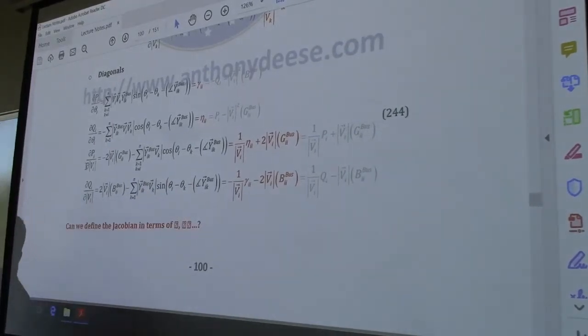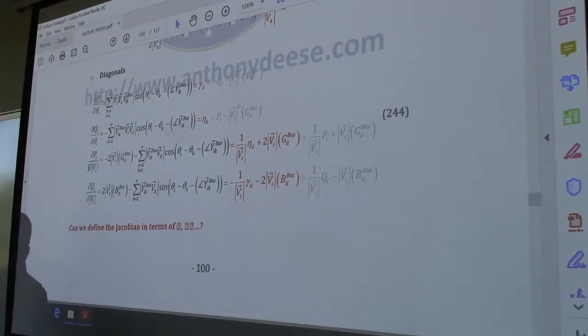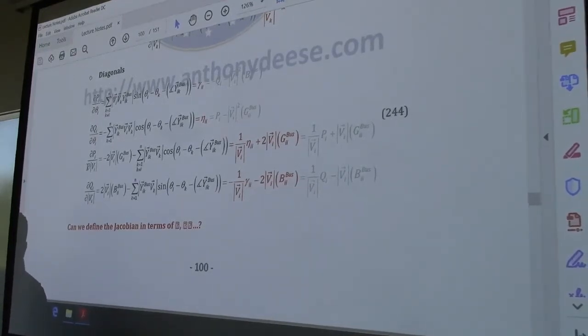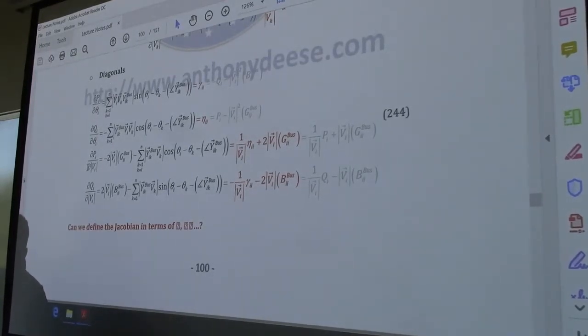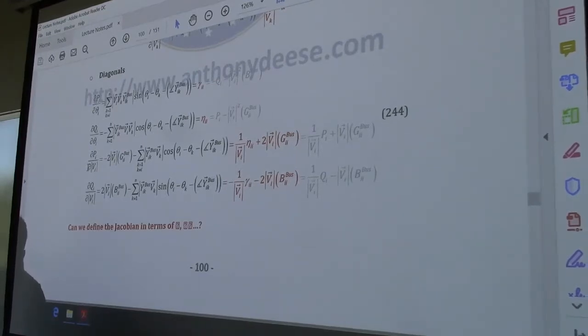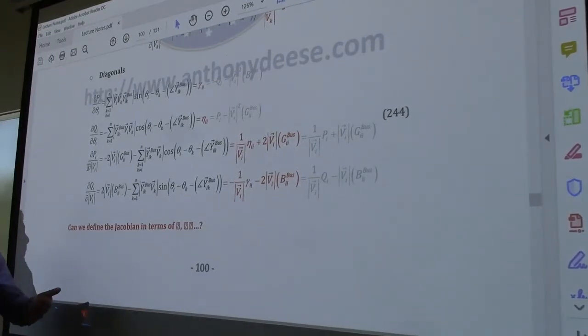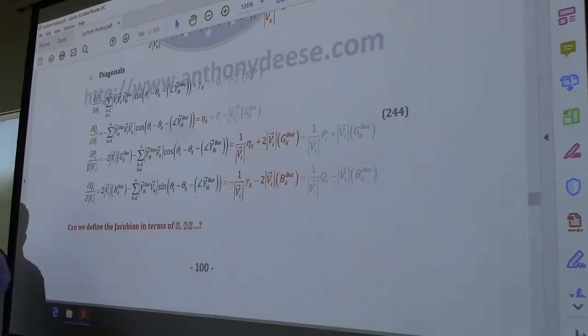But if there's only a line, and we'll say we're doing it for bus 2, if there's only a line between buses 2 and 3 and 2 and 5, then 2, 1 will be 0. 2, 2, well, you have to consider that. 2, 3 will have something. 2, 4 will be 0. You get what I'm saying. The Y bus zero values will knock some things out. And then, so how do we define the Jacobian?